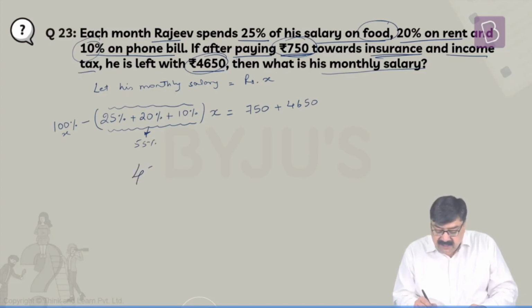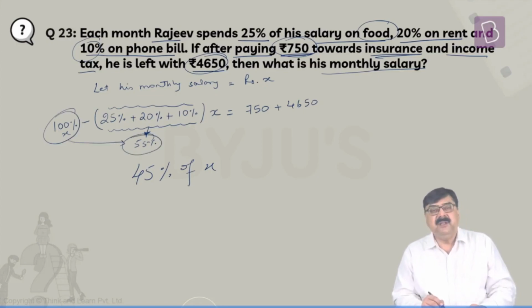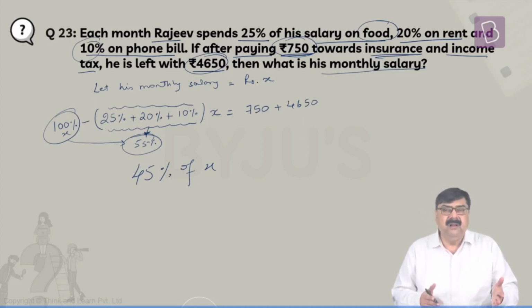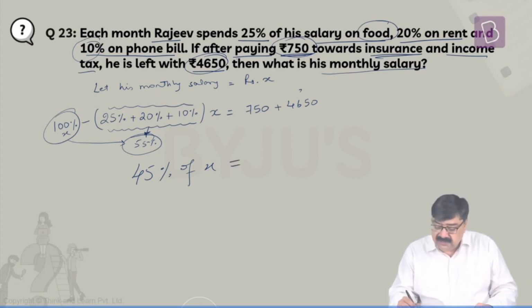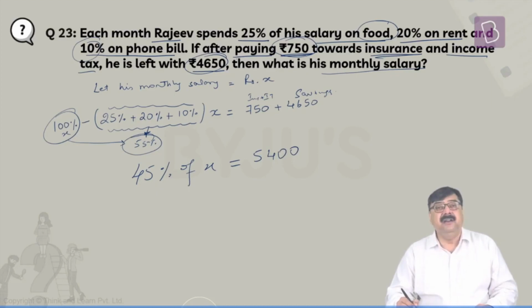So that means 45% of X. How 45%? 100% minus 55%. Out of his total salary, 55% goes on food, rent, phone bill. So what remains? 45%. 55% gone, expenditure. Remaining 45%. So 45% of X here is equal to how much? Well, the savings and insurance plus IT, which is rupees 5,400.